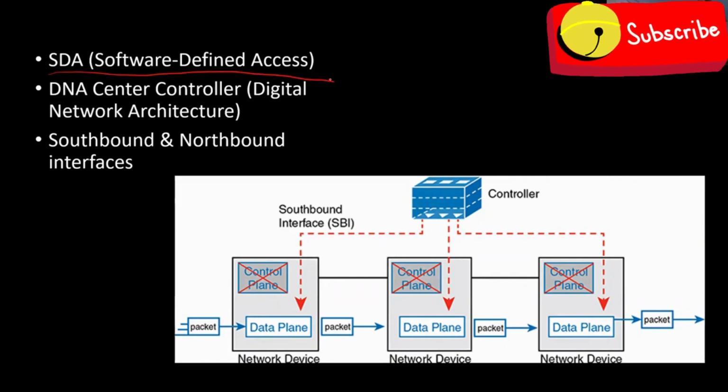So SDN is the same thing, software-defined networking, but the A is more of the access, right? That's the difference. And when you say access, it's users, hosts, and devices having access into our network via software, our software-defined network, right? So again, they're used pretty loosely as the same thing.